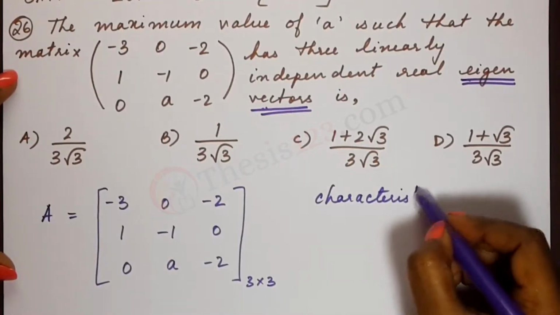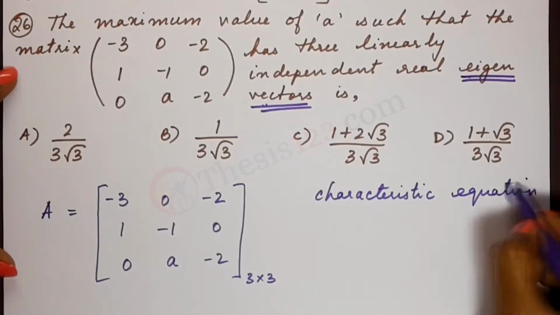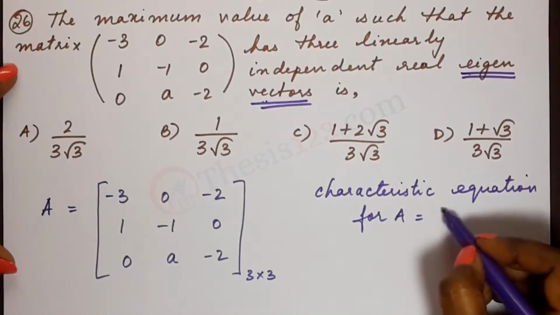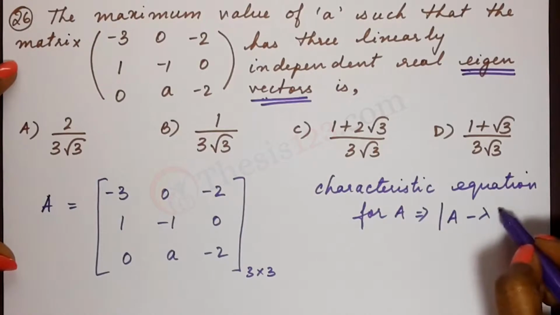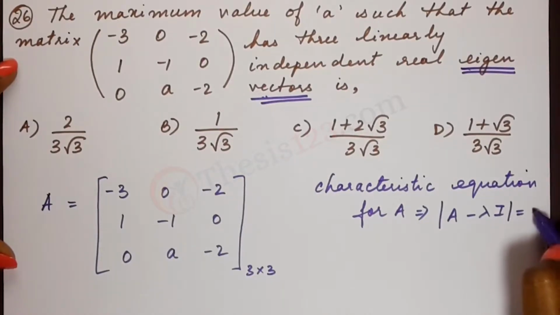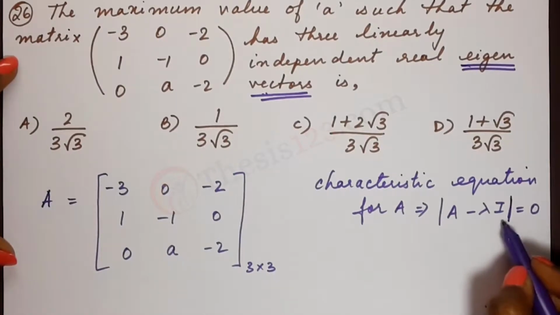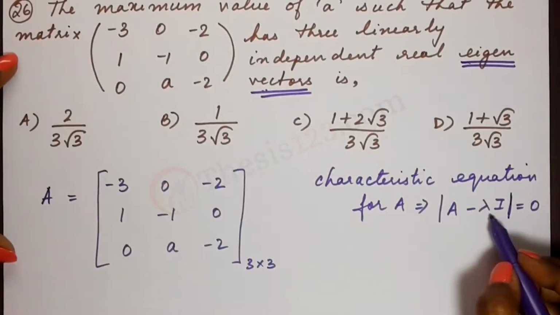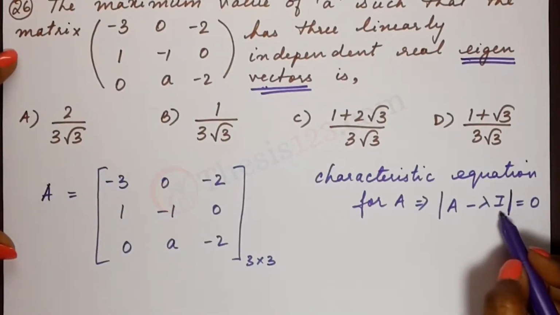Characteristic equation for A. Now this is determined by det of A minus lambda I is equal to 0, where lambda corresponds to the eigenvalues and I is an identity matrix.